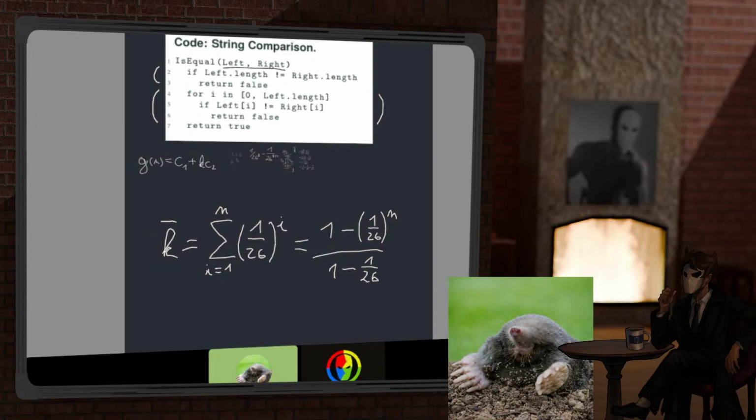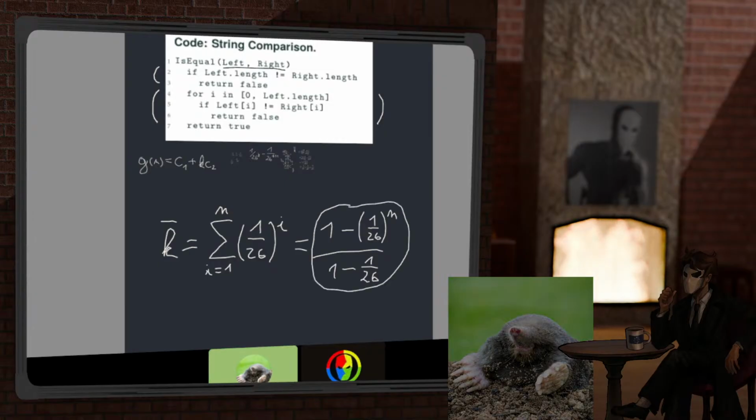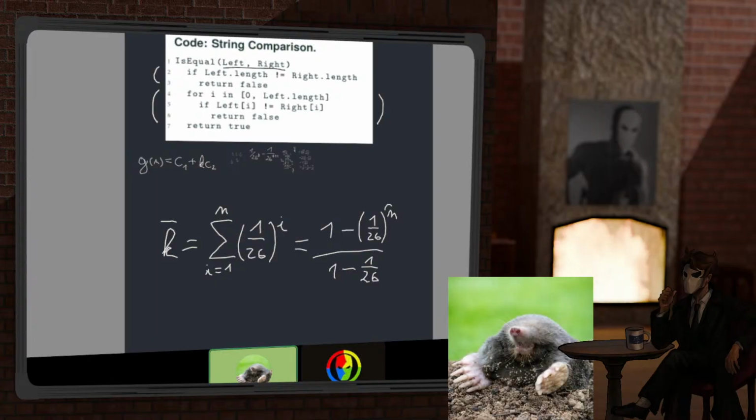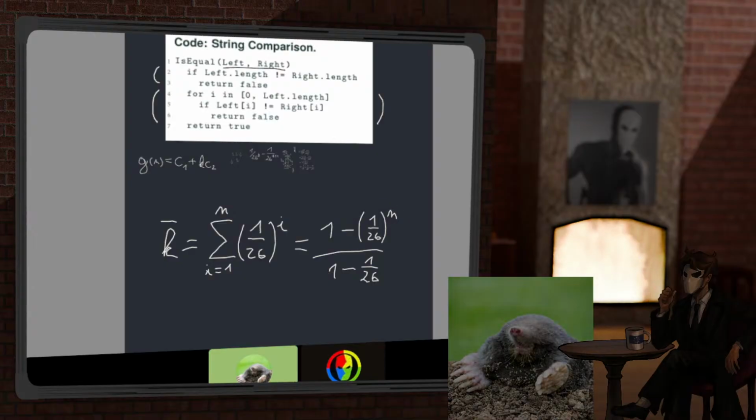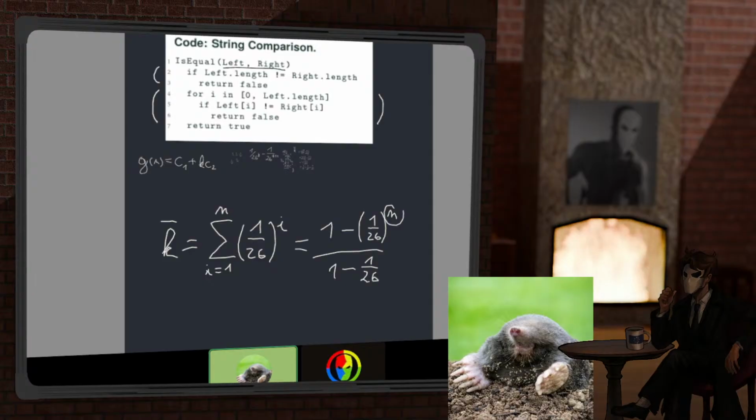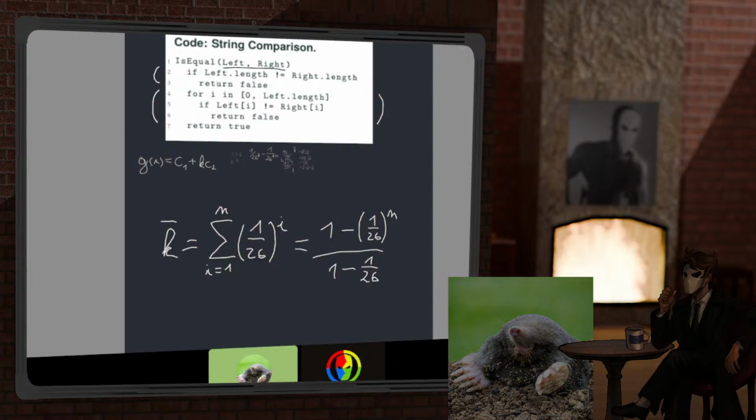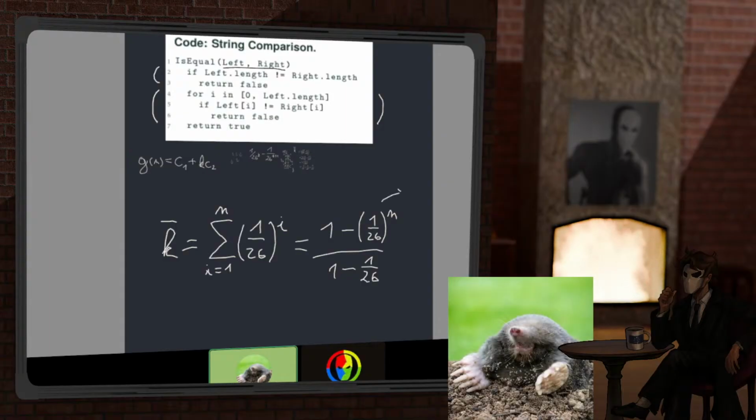And actually, this value, the only place where n appears is in the exponent. As n grows large, this is going to get smaller and smaller, and it's going to go towards 0. Essentially, I'm doing a little bit of a limit as n goes to infinity.